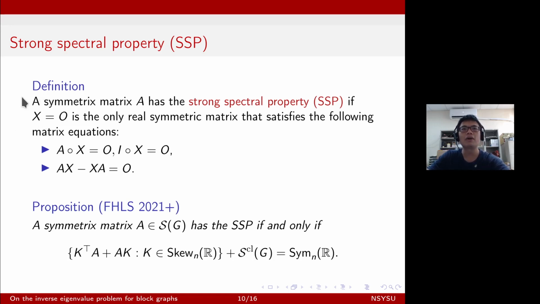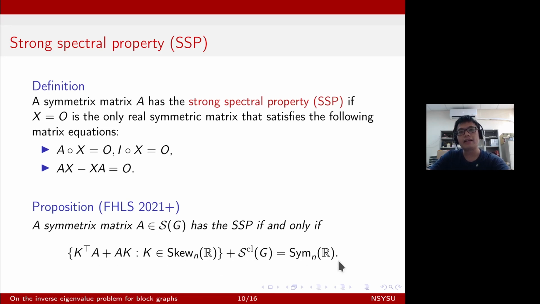In this talk, we are not going to use this definition, but most of the time in the literature, you will find the SSP in this form. And equivalently, you can say SSP if and only if the following holds. It's not so obvious, but these conditions and the sum of two vector spaces equal to the whole space are equivalent. So in this talk, you can just take the definition of SSP as the following.